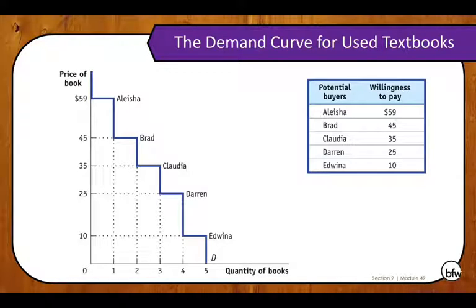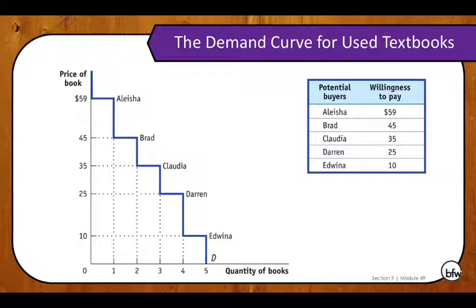Now, suppose the price goes up to $30. Well, if the price goes up to $30, then Alicia, Brad, and Claudia will still buy the book, but now both Darren and Edwina will not. So the quantity demanded will fall to 3 textbooks.